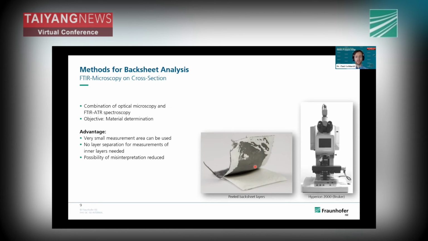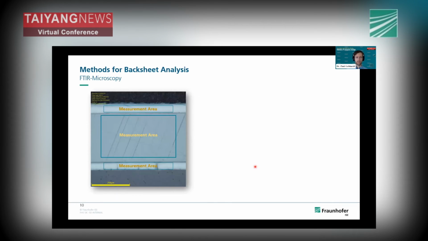So one possibility to overcome these limitations is FTIR microscopy, where we actually just look at the cross-section itself. Such a backsheet cross-section can be obtained by really cutting out a piece of the backsheet, embedding it in epoxy resin, and grinding and polishing it, so you get a nice view of the cross-section.